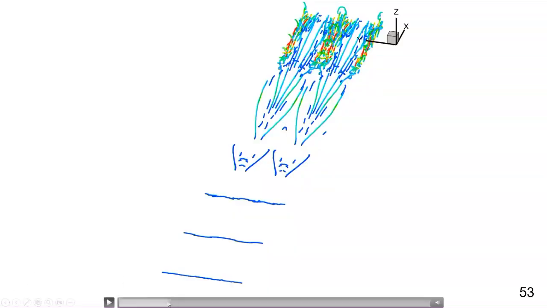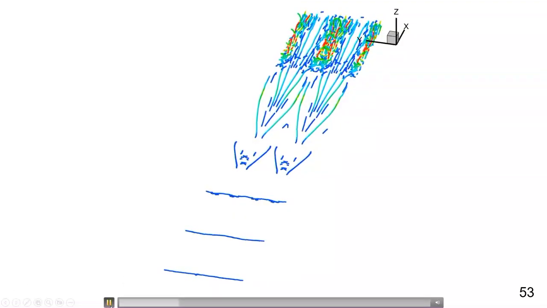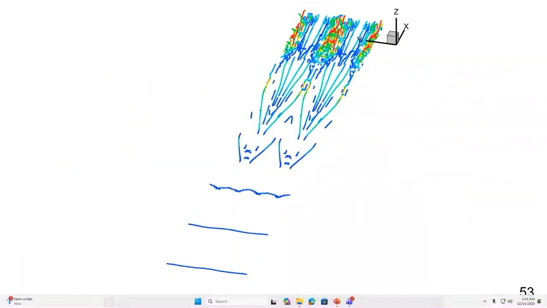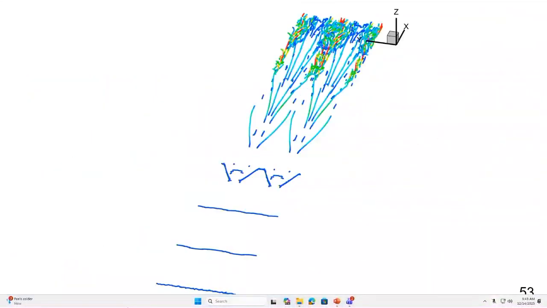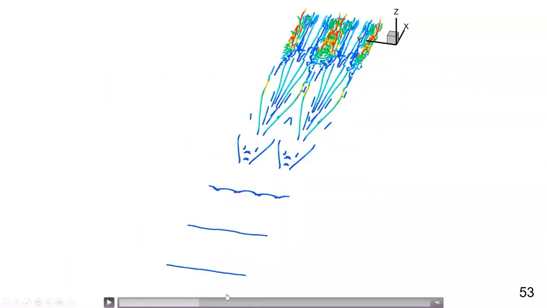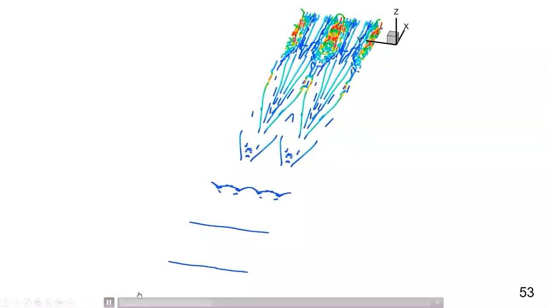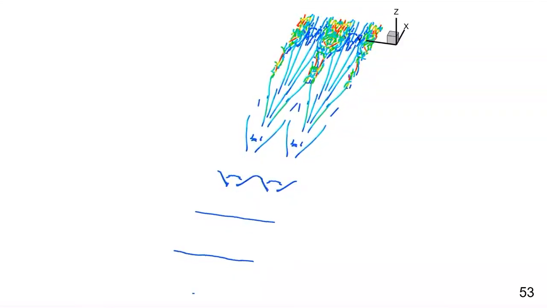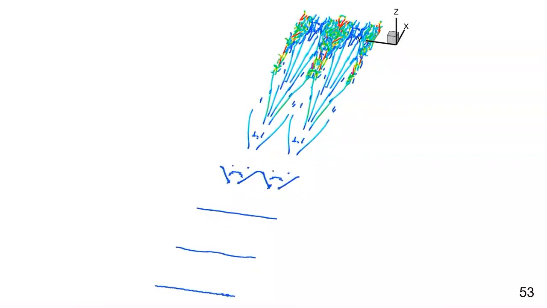Maybe it's not clear on the screen. So that's the initial vortex ring. Like the second ring, right? And the first ring, I think, separates and goes up, and a third ring.